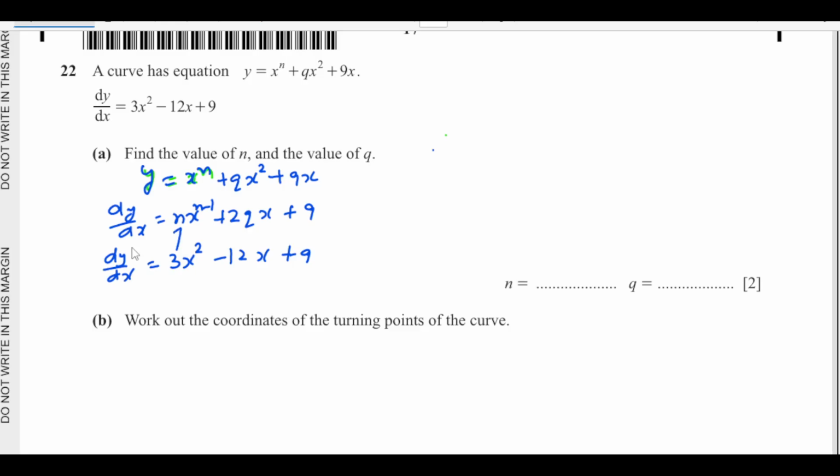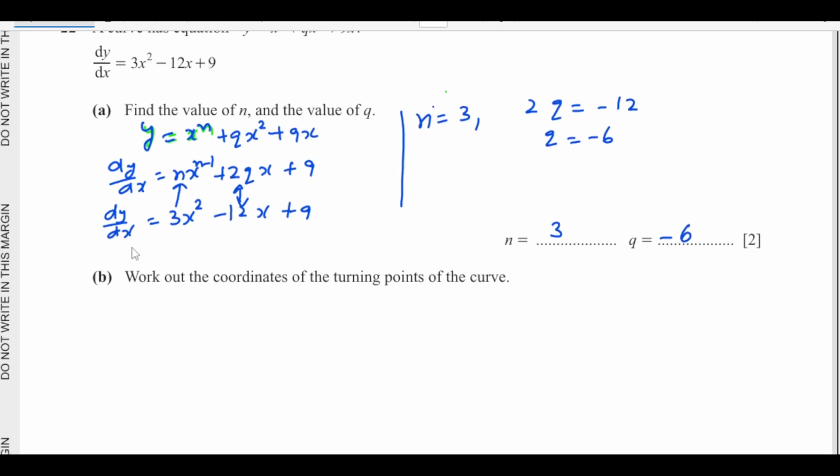We get n is 3. Also we have 2q equal to negative 12, so q is negative 6. So n is 3 and q is negative 6.